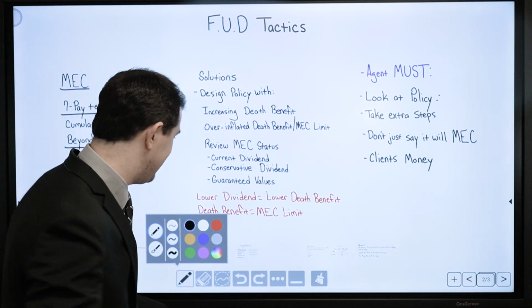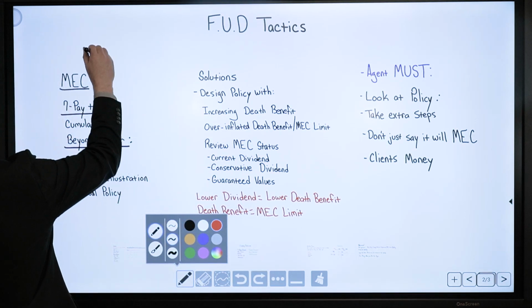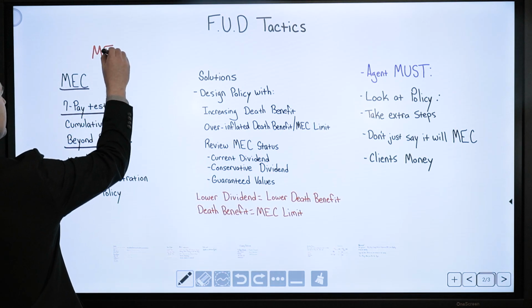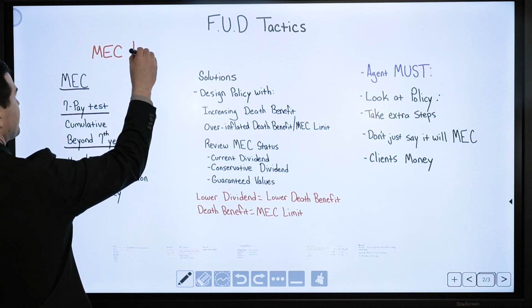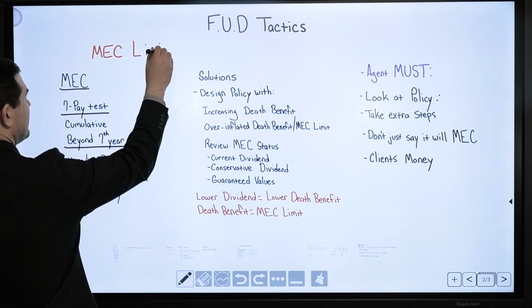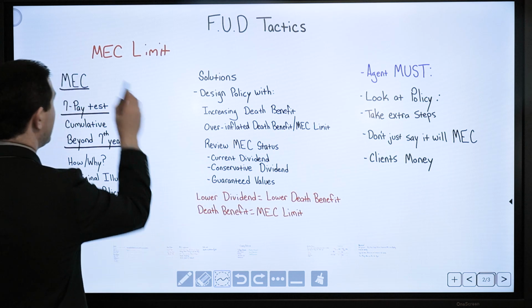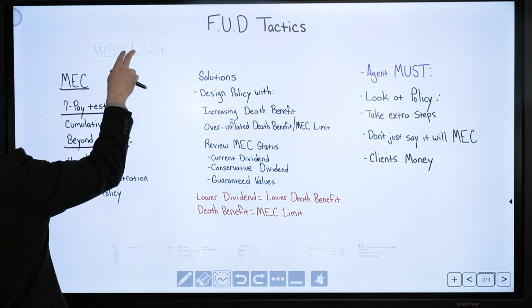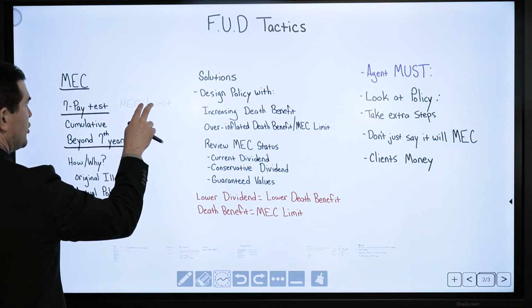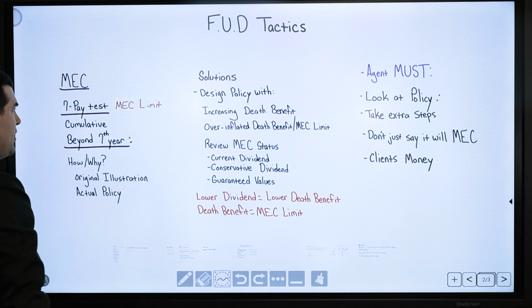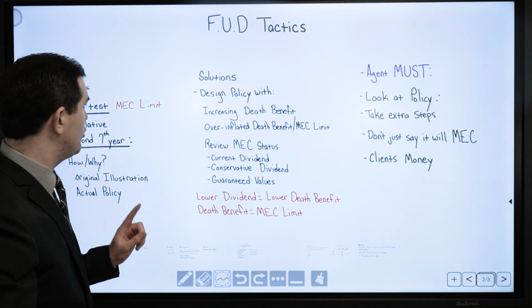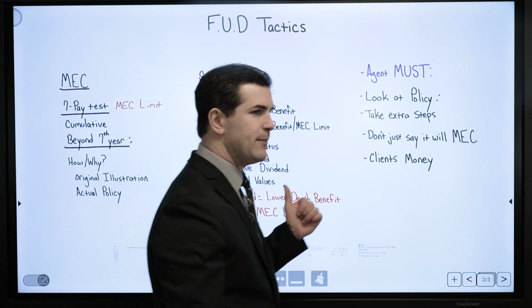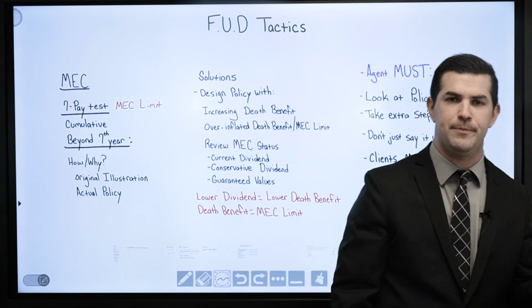It ruins everything. Now, with that said, every policy has what is called a MEC limit. And we've got other content and videos that go into detail on this, so I'm not going to go into all of the details here. But another name for that MEC limit or that MEC test is our 7-pay test or 7-pay premium.